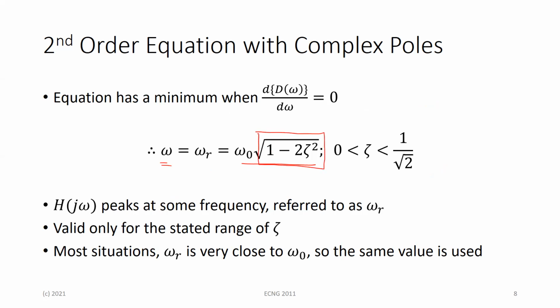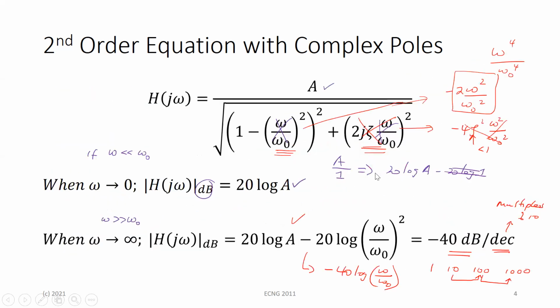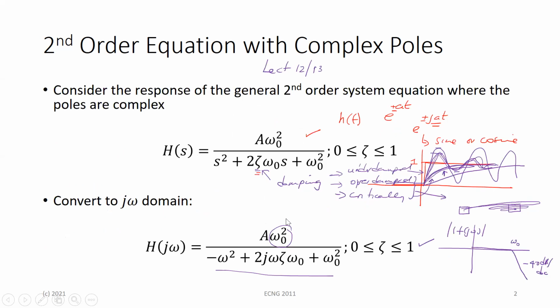Now notice something. This factor is only real if zeta is between 0 and 1 over root 2, which is 0.707. This is a little change, because when you go back to the lecture, you will find that originally, when we had the response of the system, zeta was restricted to between 0 and 1 in order for us not to have any oscillation.